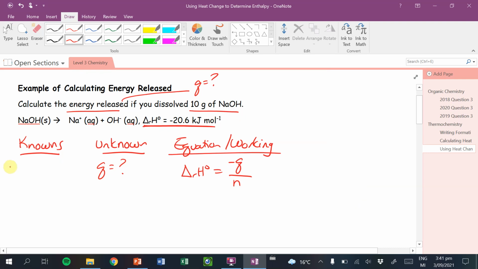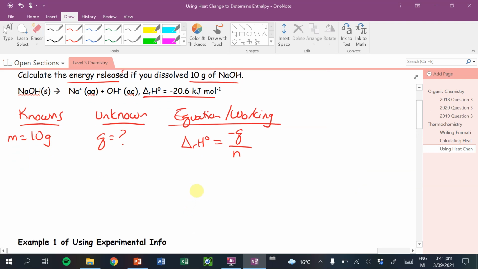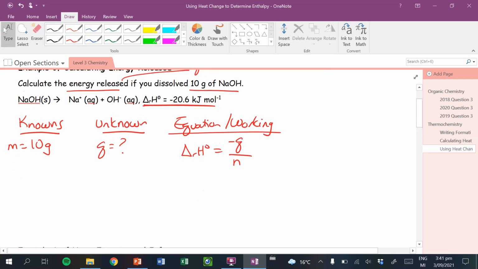For my knowns, I know my mass, which is 10 grams. I obviously now need to convert this into moles. So I'll do that in a moment. And then the other thing I know is my enthalpy value, which is negative 20.6 kilojoules per mole.